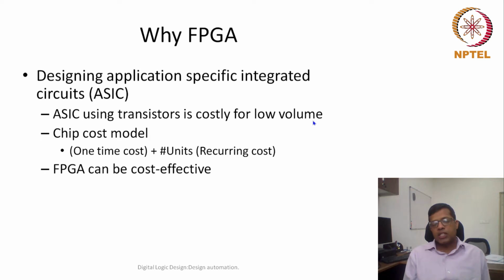That is the value proposition for FPGA: it can be used to program any application, and because they are manufactured in large volume, the cost of one FPGA chip could be much lesser than the cost of an ASIC.